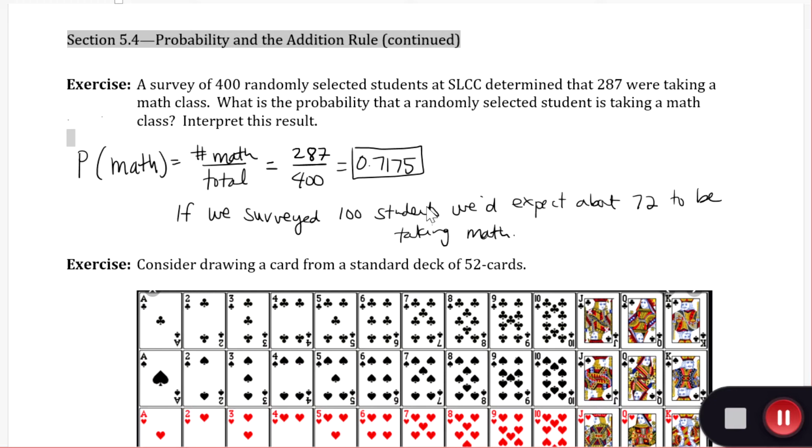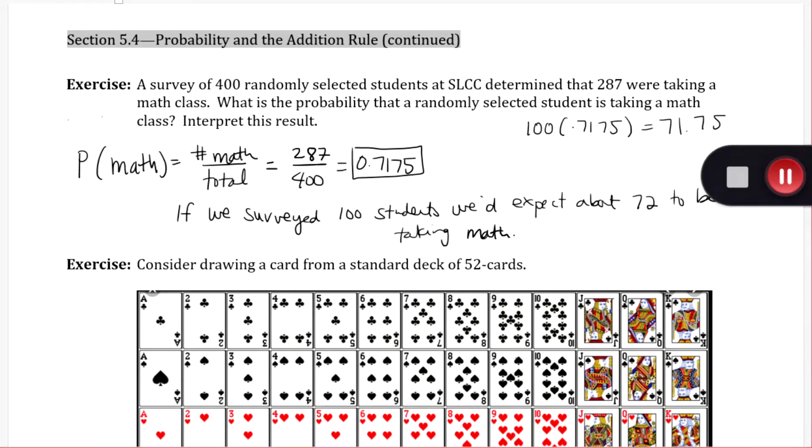And how we got that is we took this 100 that we had, 100 times our probability, 0.7175, and we get 71.75, which is about 72 students.